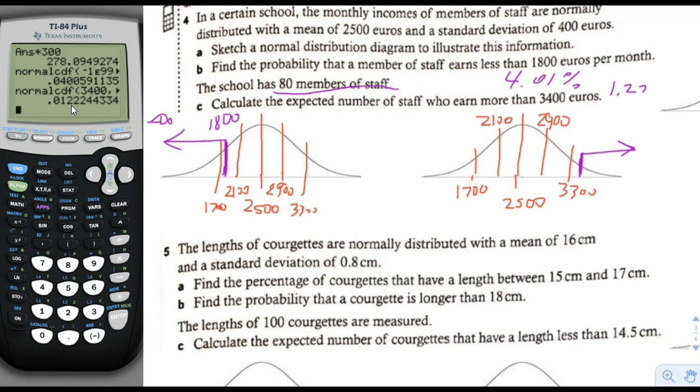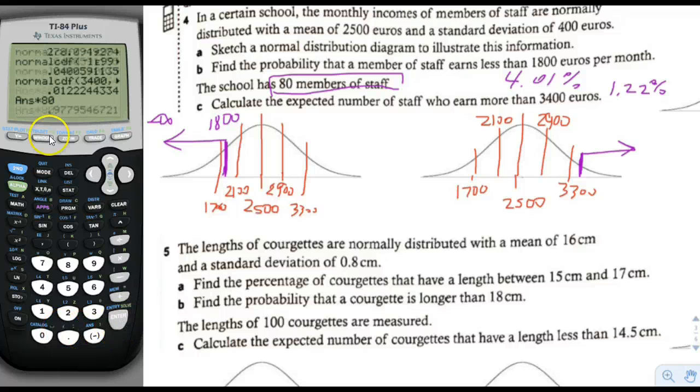But they ask us the expected number of staff, not the percentage of the staff. So they did give us the total number of staff. So we just multiply this total number of staff times the decimal, not times the percentage unless you divide by 100.